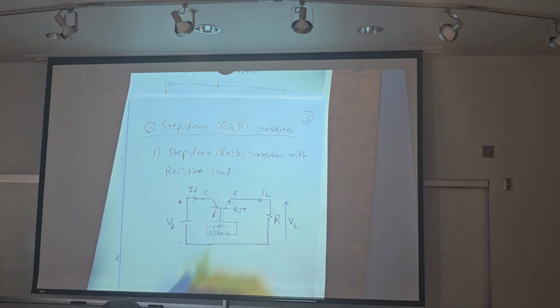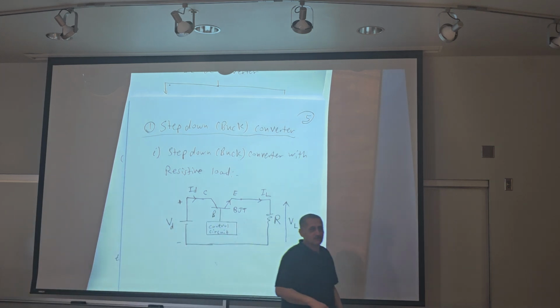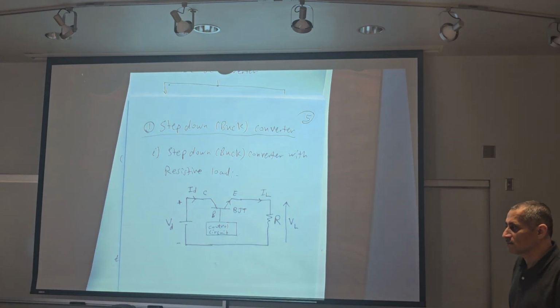BJT is a bipolar junction transistor. You can replace this transistor by a field effect transistor, or by a thyristor, or by a MOSFET, or IGBT.